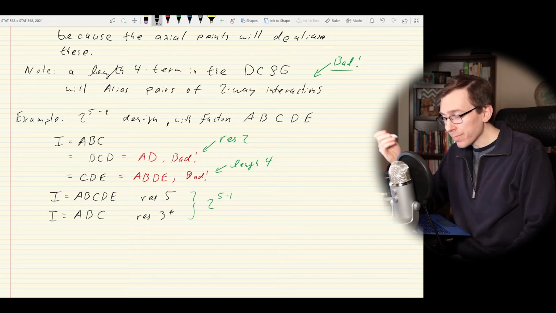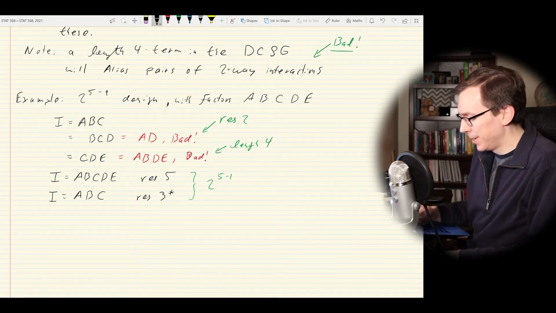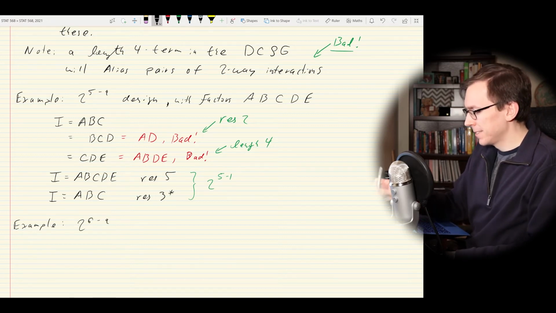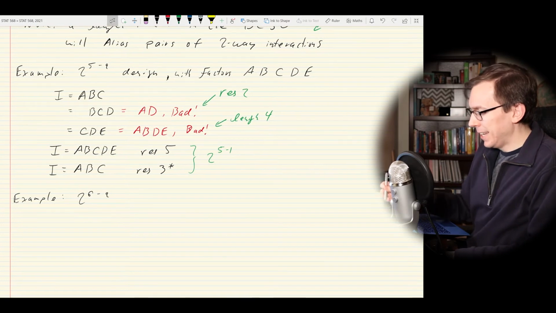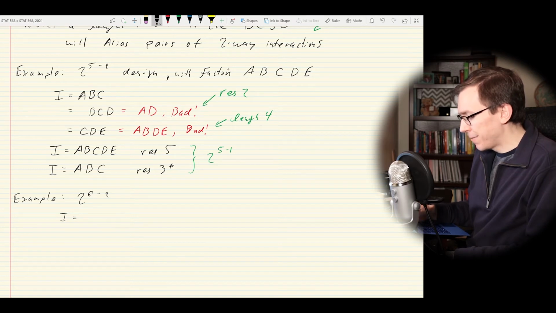However, what if we were to try a 6-factor factorial design? So let's do another example: 2 to the 6 minus something. Well, now what we could do is include a single word of length 5 or 6.